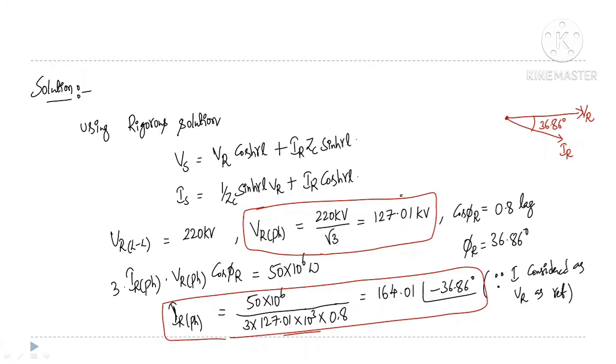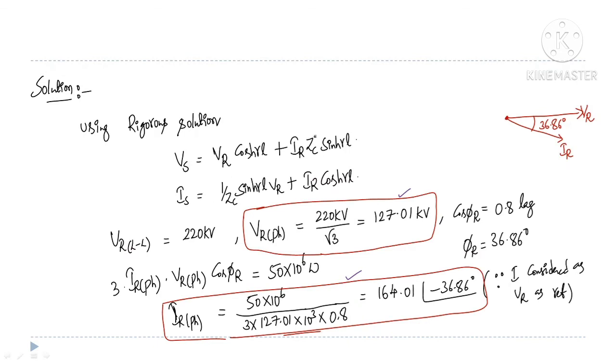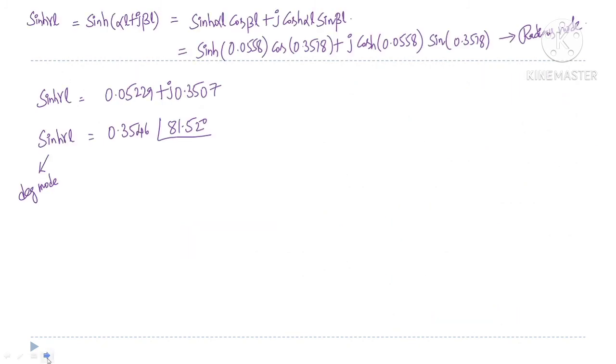Firstly we have found VR, secondly we have found IR, and as the third step we have found the characteristic impedance ZC, and finally we have found cosh γL and sinh γL. Let me substitute all these things in the basic equations.